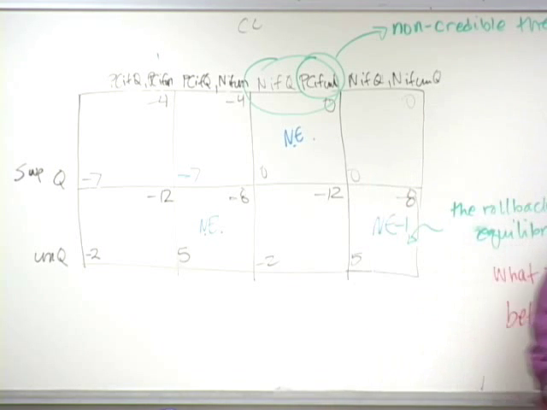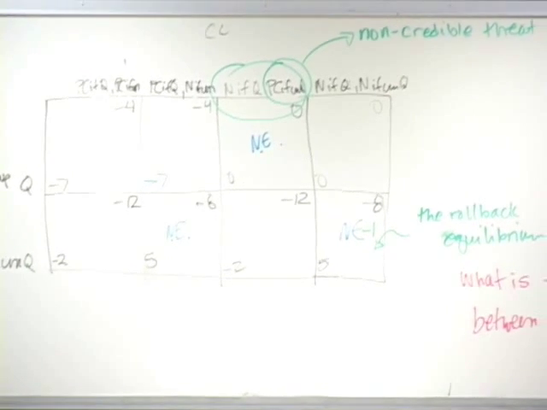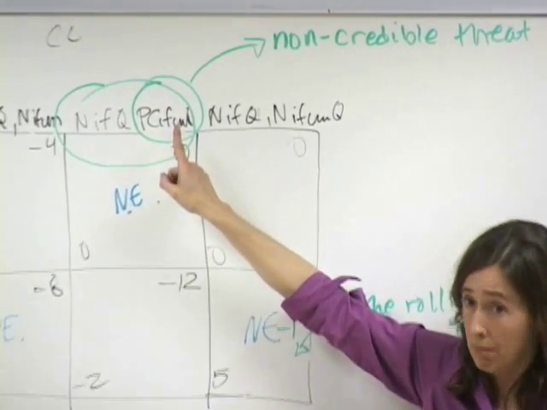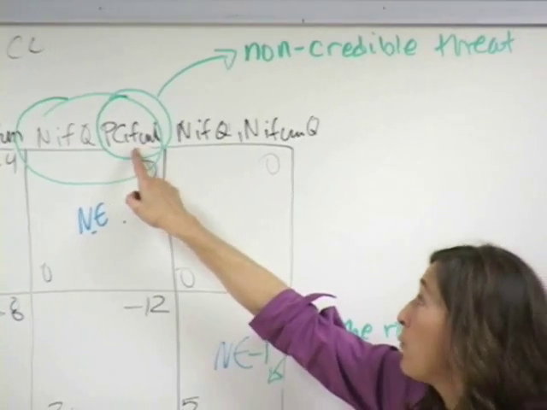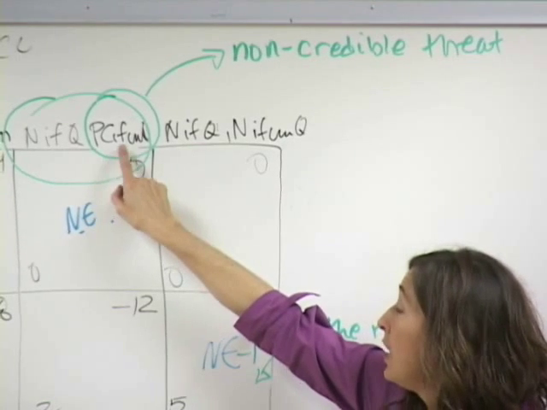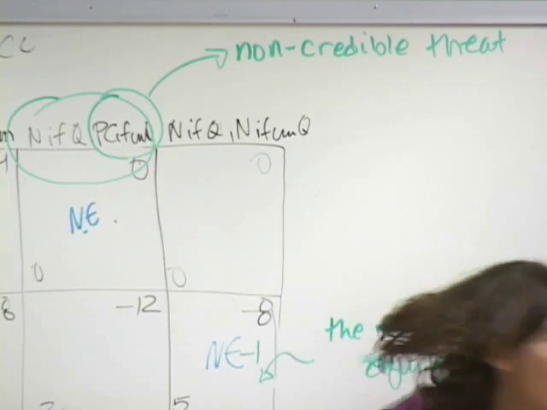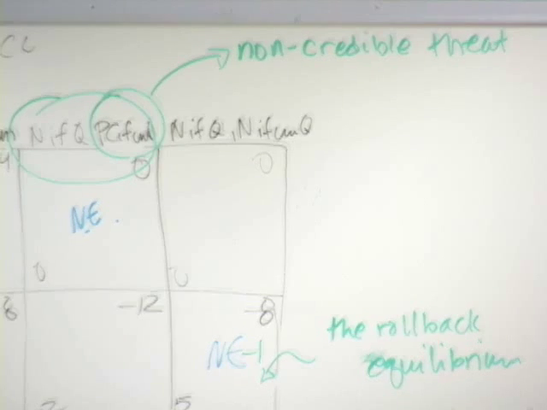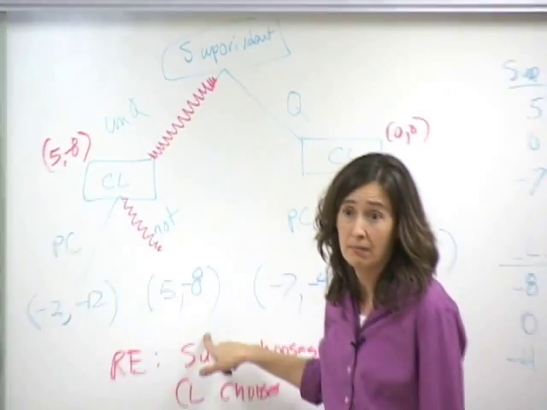Okay? This is a threat that the community leader might say they're going to make, but if we got to the point where the superintendent actually chose the unqualified principal, the community leader would not want to stick to their strategy. Okay?